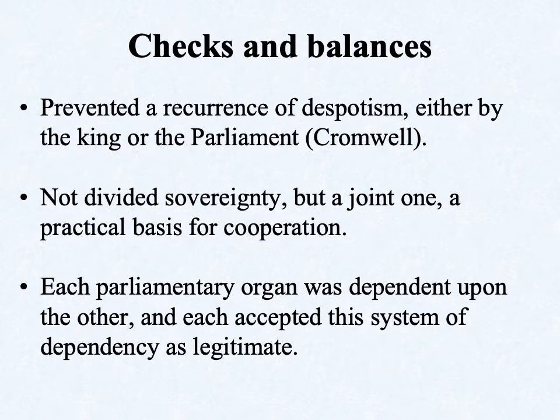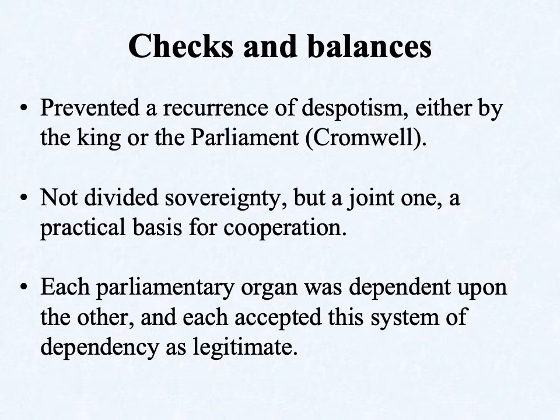And this was seen as a very, very positive thing because it was thought that this would prevent a recurrence of despotism, either by the king or, by the way, by the parliament, which, you could say, is what happened with the English Civil War and the emergence of Cromwell as effectively a dictator.